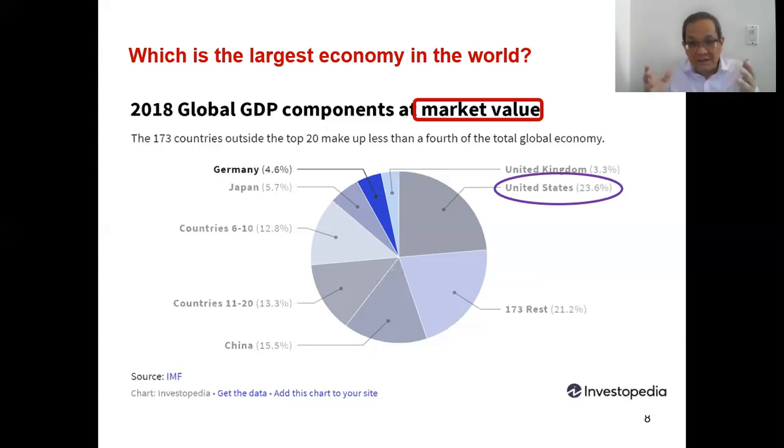Obviously, the exchange rate will change. If and when the dollar weakens sharply, and other countries' currencies strengthen, then the proportional share of the US GDP to the entire world GDP would be a smaller slice.